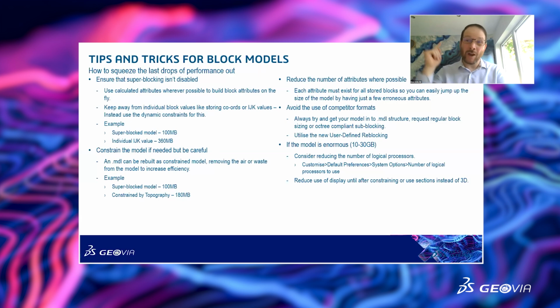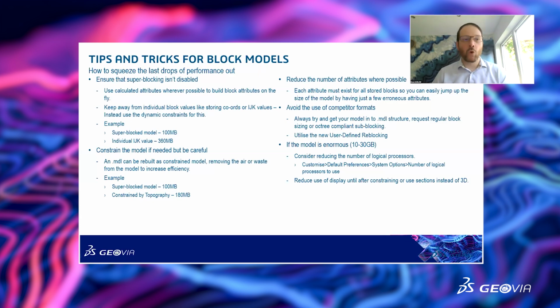Well, the reason it goes up instead of down is because you have disabled the super blocking in that location. You have told it to store the sub blocks all the way along the topography contact, so that it can retain that resolution and utilize that resolution downstream. So by constraining the model by a geometry like a topography, you've actually increased the size of your model, not reduced it.